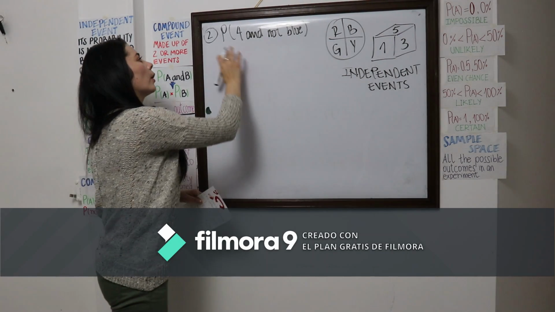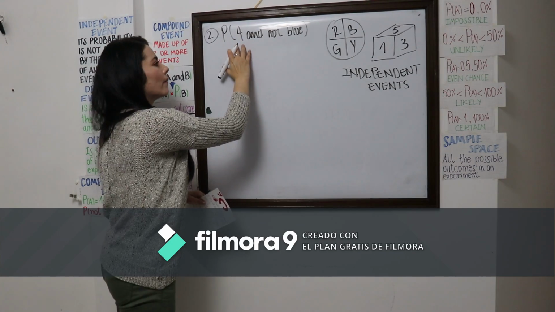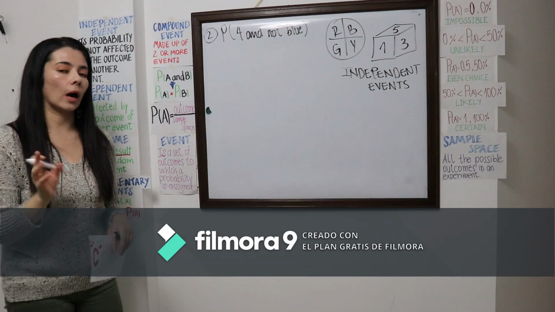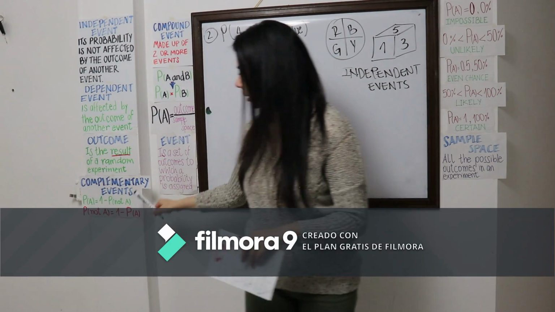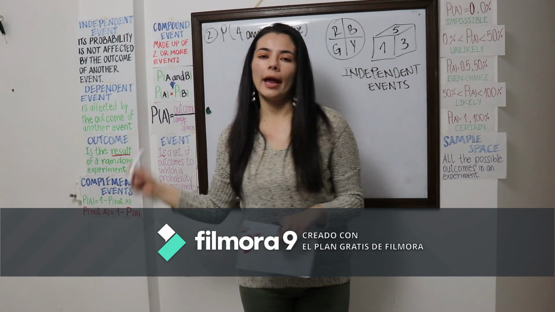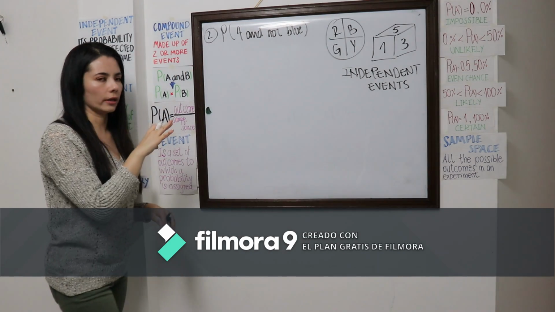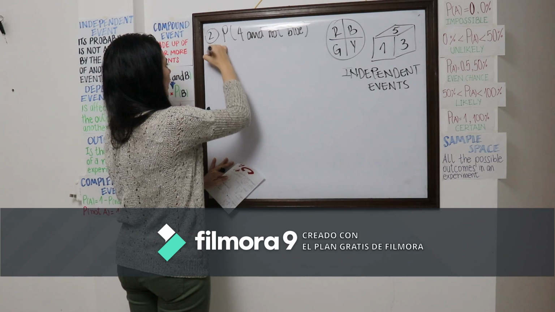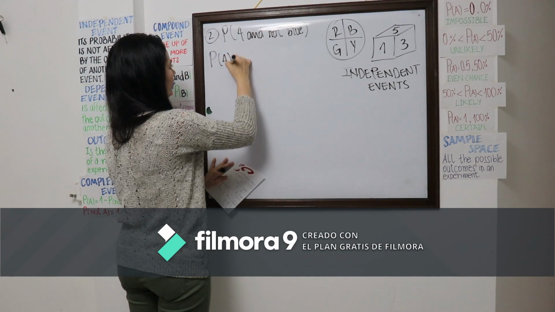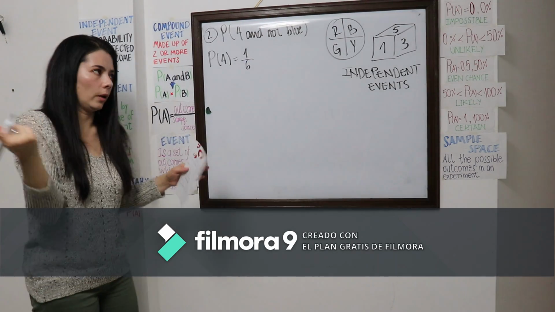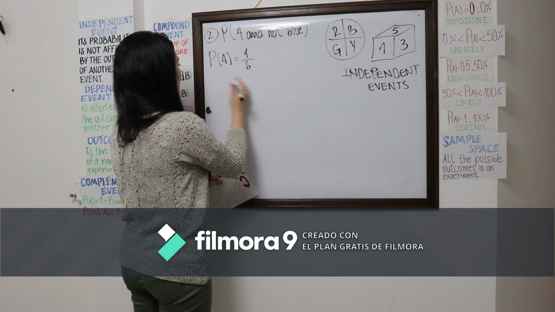Now we need to figure out what is the probability of getting a 4 in the die and not blue in the spinner. Now we need to remember about complementary events. Remember, everything that is not blue is what I need to take into account here. So first, I'm going to get the probability of 4, which again is 1/6. Same thing, right? Only 1 option out of the 6 options I have in the die.